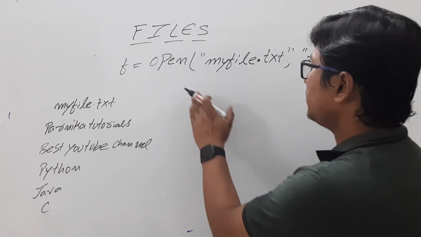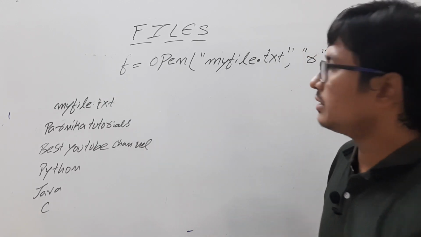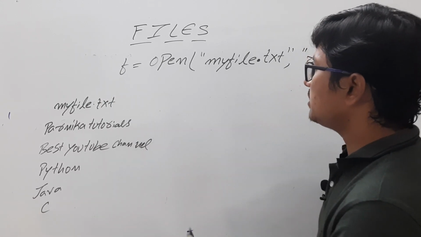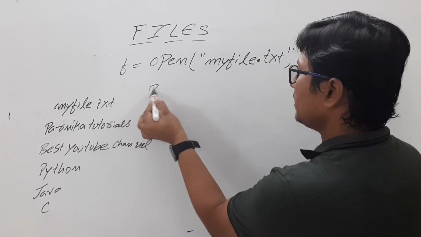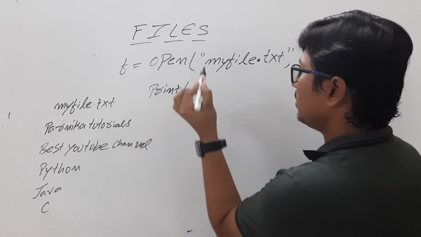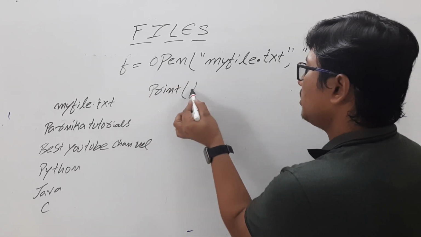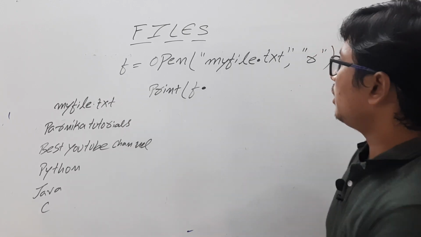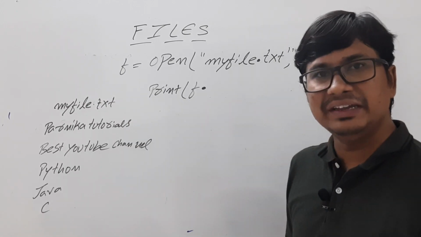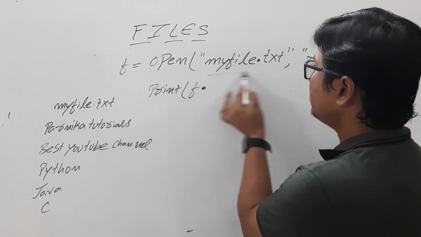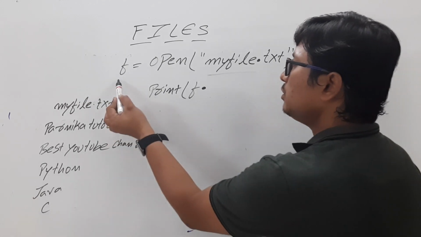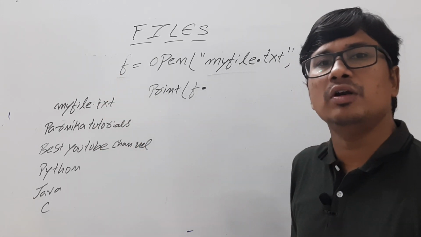Then how can I read it? I can simply say print f.read(). See, look at here. Whenever you want to perform any action on myfile.txt, you will use the file object called f.